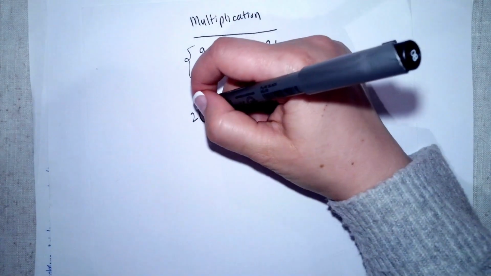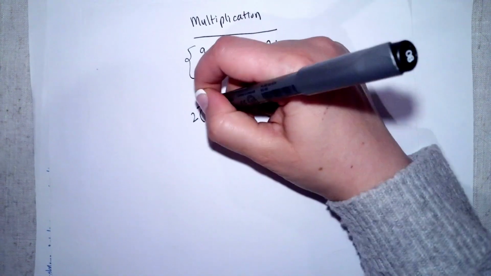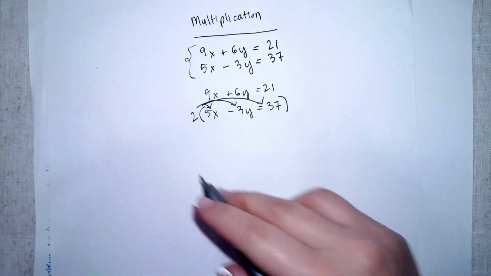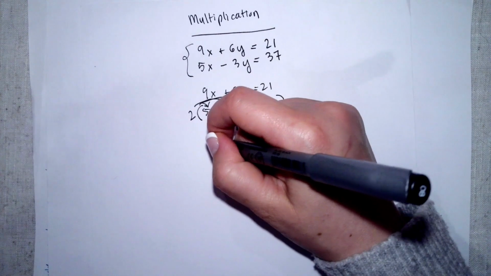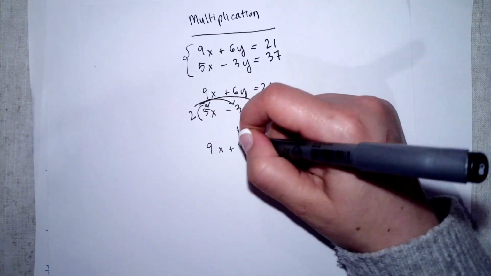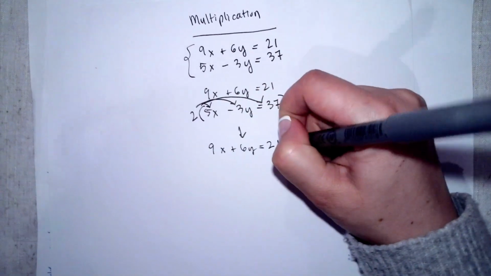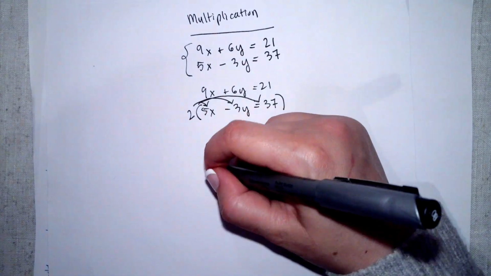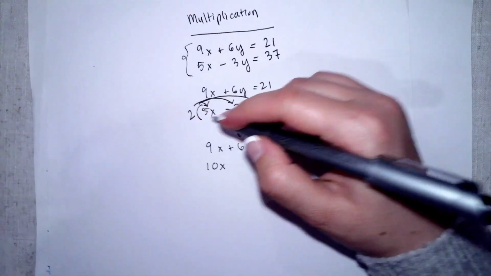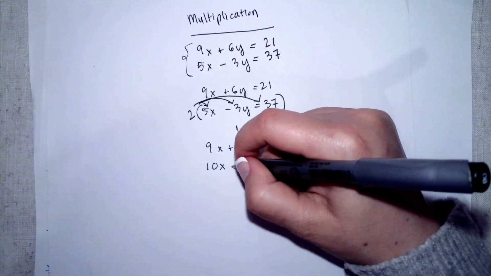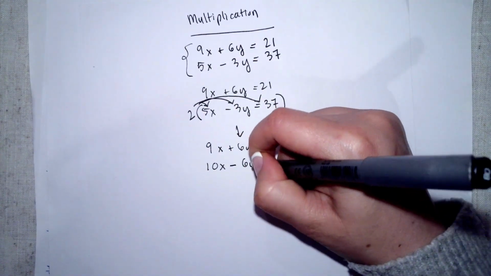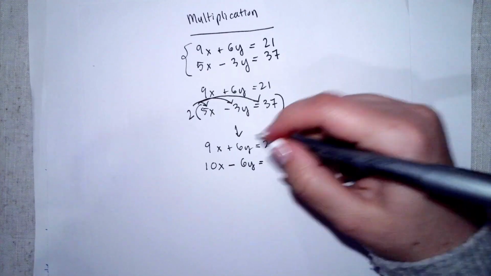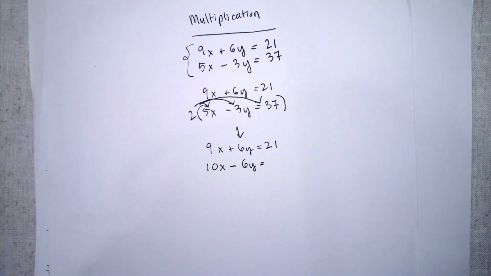Same deal as before, we're going to distribute. So I'm going to bring this down. 9x plus 6y equals 21, that doesn't change. And now we're going to do 2 times 5x, which is 10x, 2 times negative 3y, which is negative 6y, and finally 2 times 37, it's going to be 74.